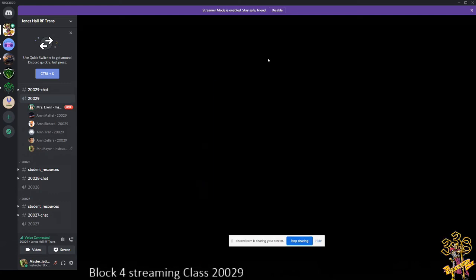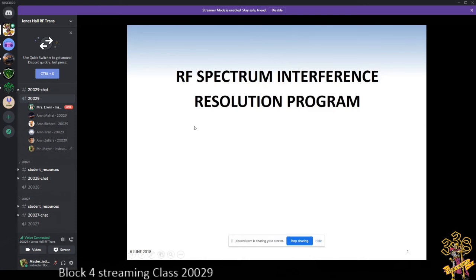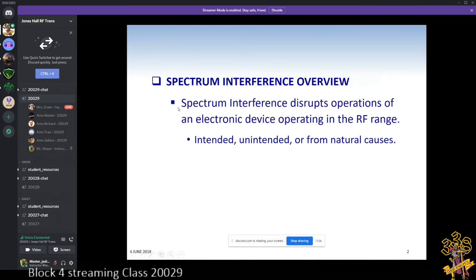Okay, we'll hit this really fast. RF Spectrum Interference Resolution Program. Spectrum interference disrupts operations of your communications or of electronic devices operating in the RF range.